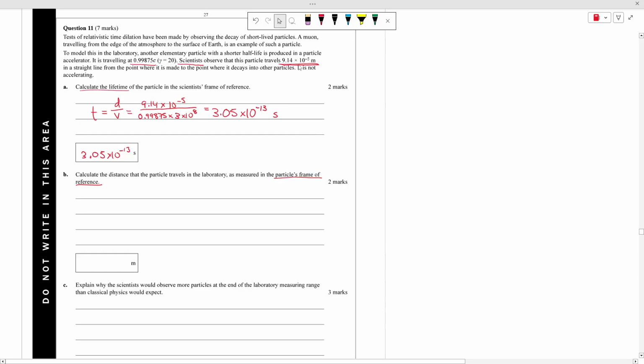If we're talking about distance, the particle will always measure the shorter distance. In your own frame of reference, if you're traveling from one point to another, the distance that you calculate you're traveling is always going to be a contracted length.